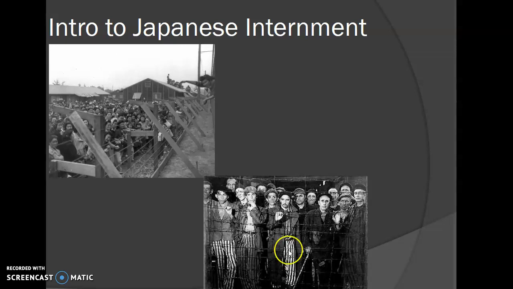Meanwhile, if we go up here and look at the picture at the top, you'll notice that this is not from the Holocaust, but rather from an internment camp of the Japanese or Japanese Americans in the United States. Now, obviously, this goes without saying, the end result of the Holocaust is so far ahead and much, much worse than what happened with the Japanese.